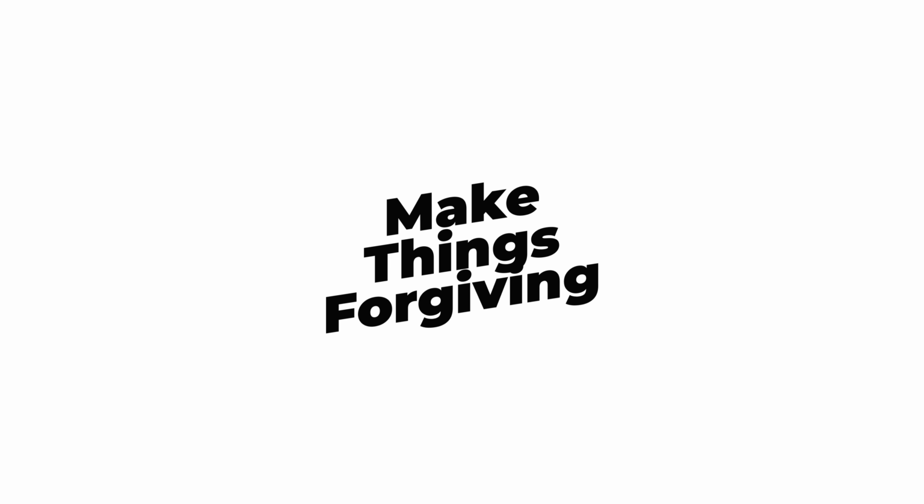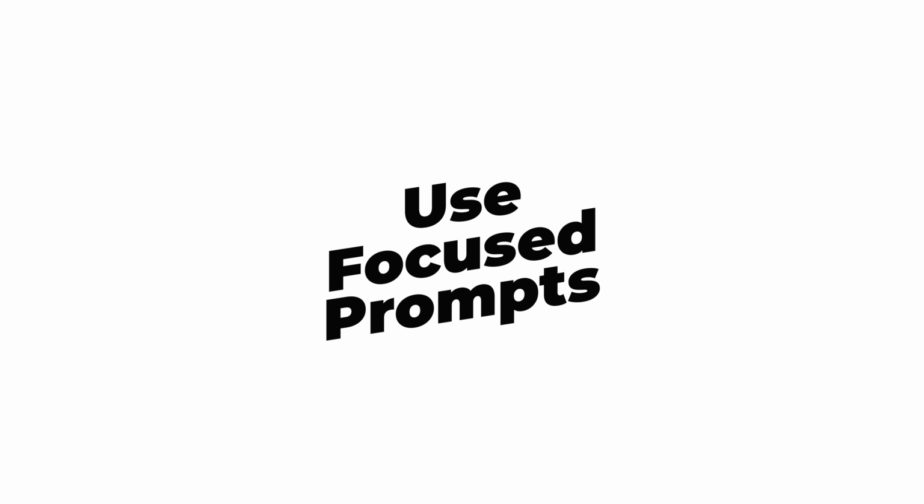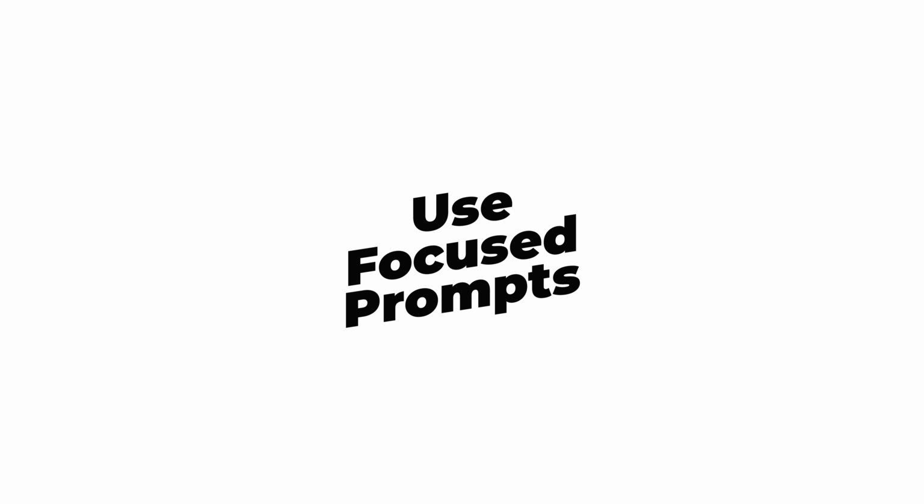Here are your takeaways. This is what you should really hone in on, and we'll do it rapid fire. One, make the first step into your product forgiving. Use suggestions, prompts, galleries, anything to nudge the user in the right direction. Two, use prompt time wisely. Guide the user with precise, more focused prompts so they can get better outputs. Three, show the user what's possible before asking them to create something.